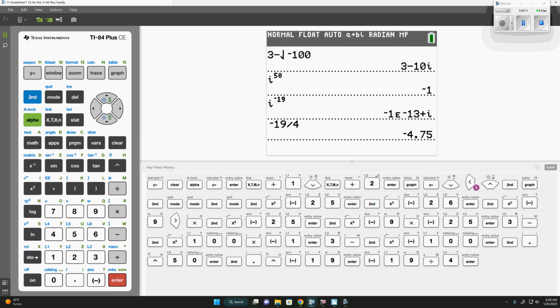But the graphing calculator can do these, because if you looked at the first i to the negative 19, it does give us the answer. That e to the negative 19 is an approximation error. What it's doing to calculate these is graphing the function and then approximating the spot.